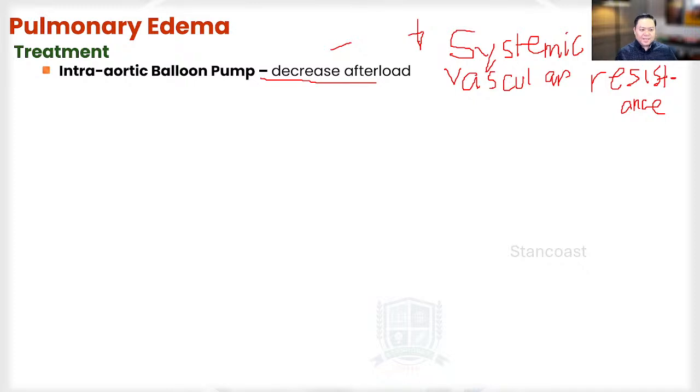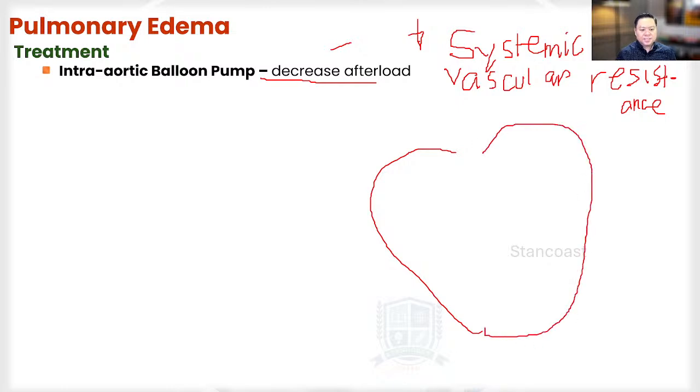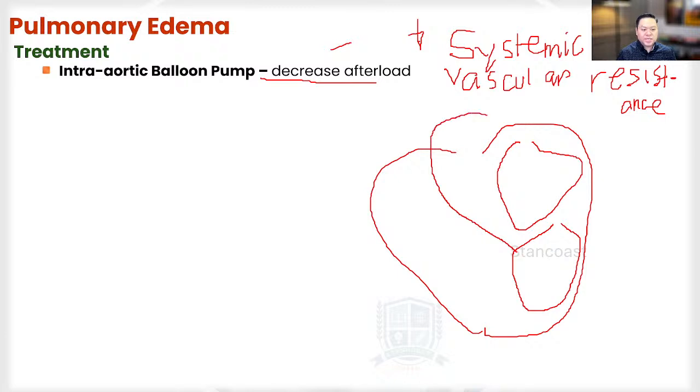So let me explain to you first, what is that systemic vascular resistance? Supposing this is the heart, and we are focusing now on the left side of the heart, the left ventricle. And remember, guys, that when the blood gets pumped into the systemic circulation, the blood is expelled via the aorta, right?